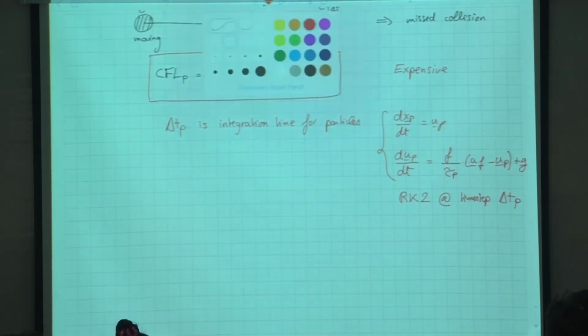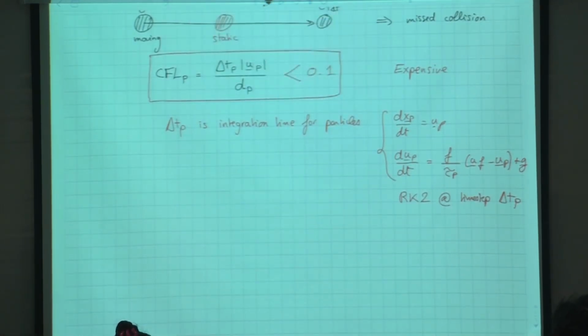Okay, so if I give myself a particle diameter, if I have a system that has some sort of characteristic velocity, which hopefully will be the case always, that tells me that my delta Tp, at least from the perspective of collision, is going to be constrained.